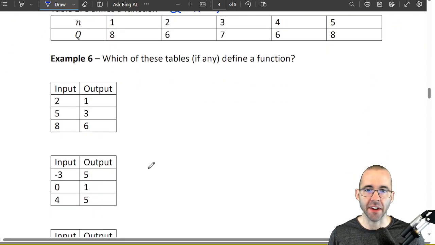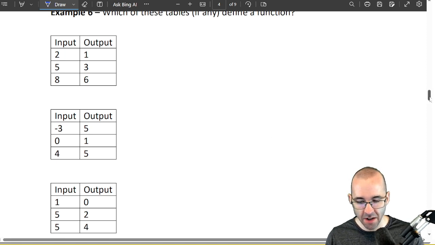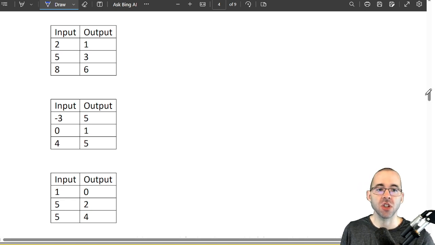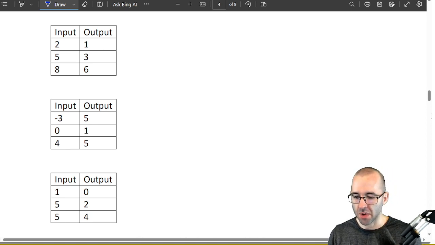Let's move on to example 6. Which of these, if any, maybe none of them are, which of these are a function? Function means if I give you an input, there is only one output. So input of 2 only goes to 1, input of 5 only goes to 3, input of 8 only goes to 6.